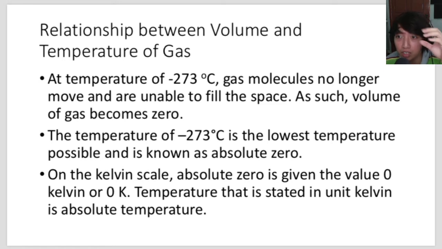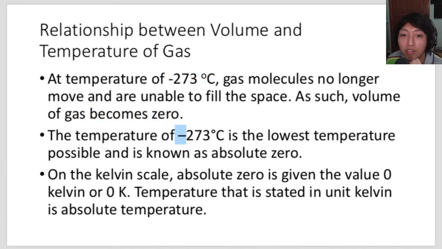If you reduce the heat, meaning you reduce the amount of energy available for these gas molecules, they start to move smaller and slower. By continuing that logic, if we go all the way down to negative 273, we reach a point where these molecules no longer move. There's no energy for them to move, they do not fill any space, and so the volume of the gas becomes zero.